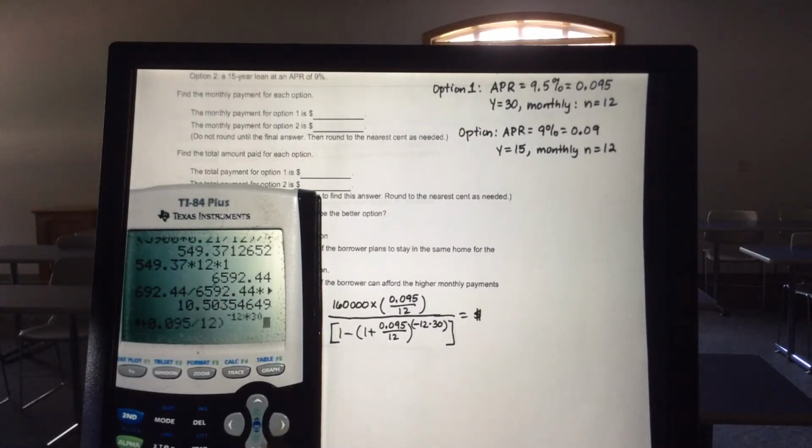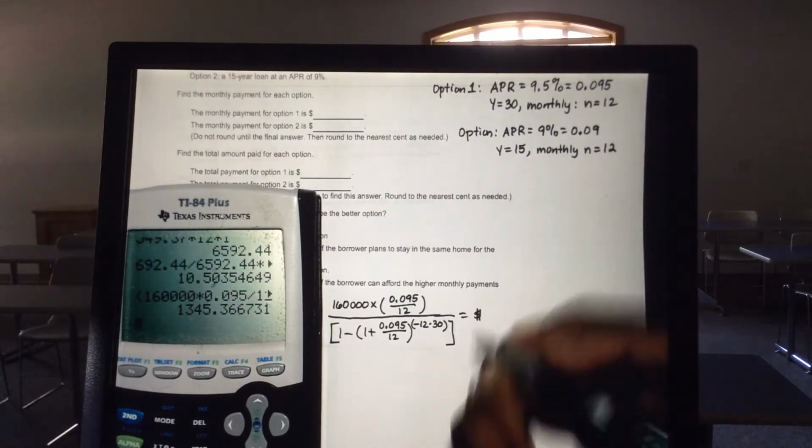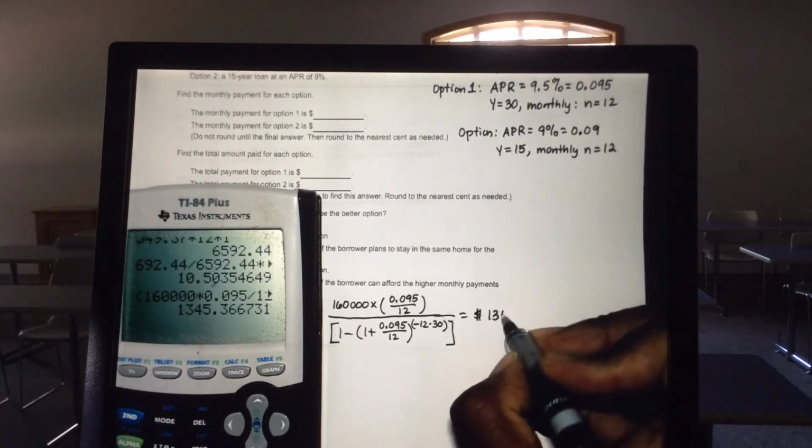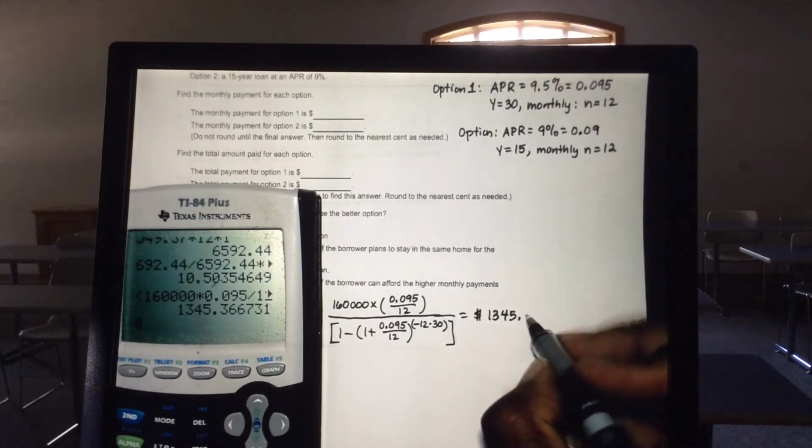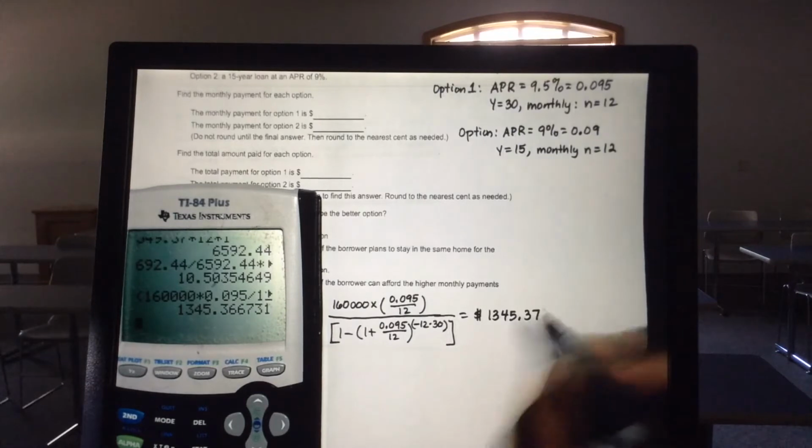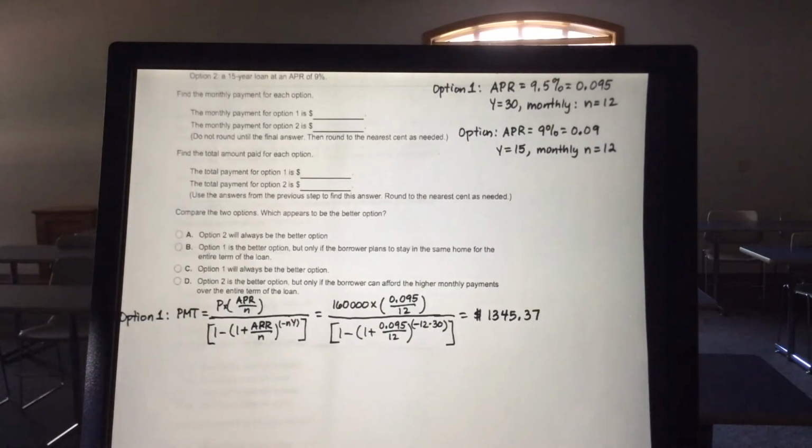That can be done with or without the parentheses. Use your right arrow key to get out of the exponential part and close the parentheses. To two decimal places, this will be $1,345.37. Now that represents the monthly payment for option 1.